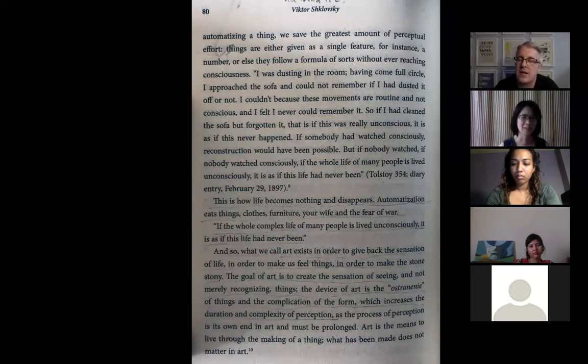So automation meaning, we become automatic, we become robotic. It makes our complete engagement with things, clothes, furniture, our spouse, cataclysmic events in the world like war, it turns us into automatic robots. If the whole complex life of many people is lived unconsciously, it is as if life had never been.